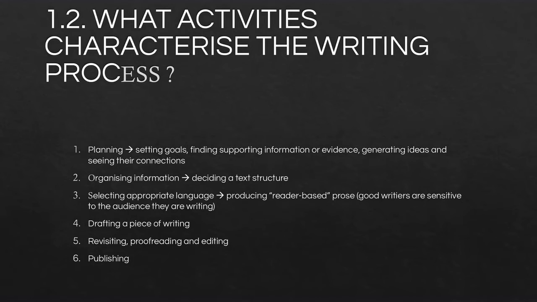Good writers are sensitive to the audience they are writing for. So if you put on your audience's shoes and write accordingly, then you might succeed in producing reader-based prose.